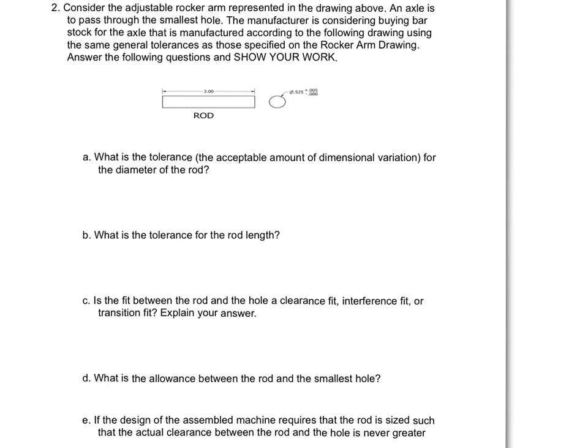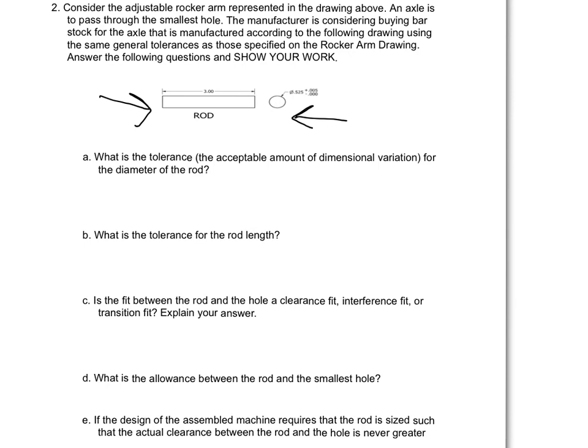So a couple of clarifying pieces. This rod that you're seeing right here has this diameter. That's all associated with the same piece. This diameter does not refer to the hole on the adjustable rocker arm. So make sure you understand that.